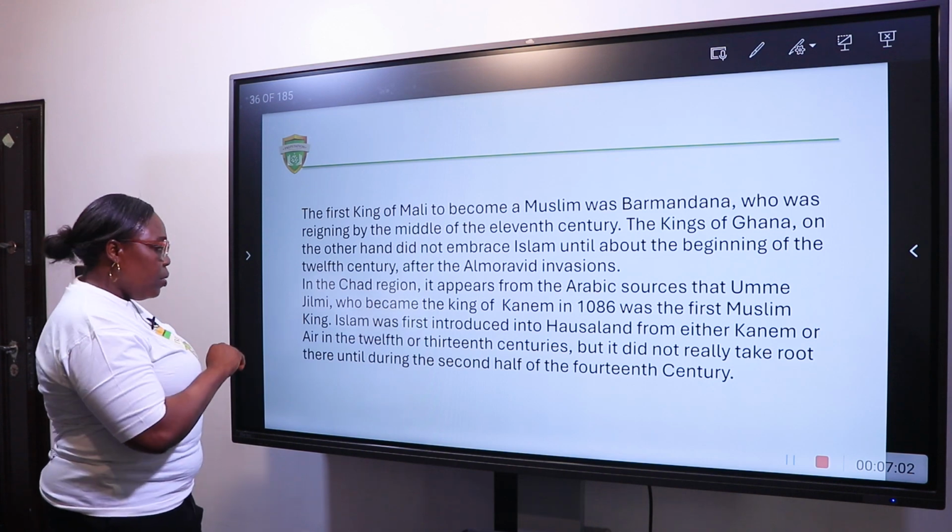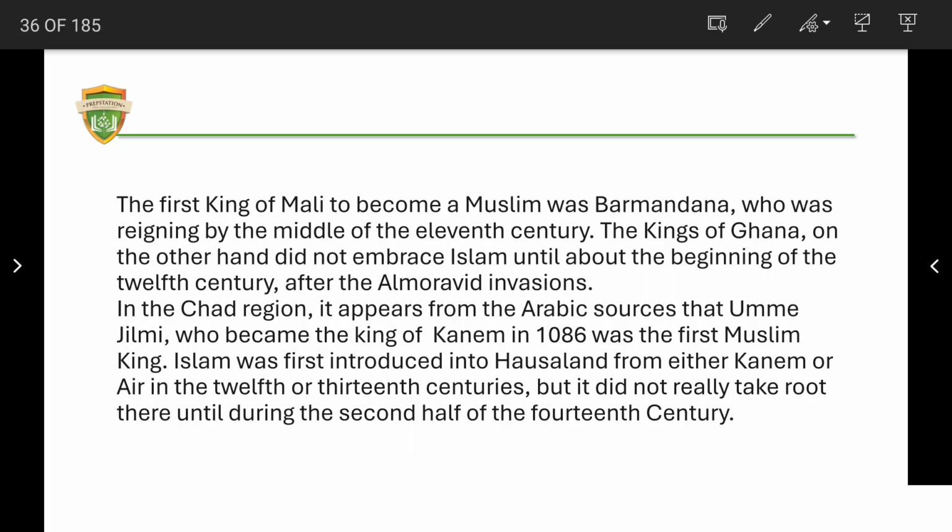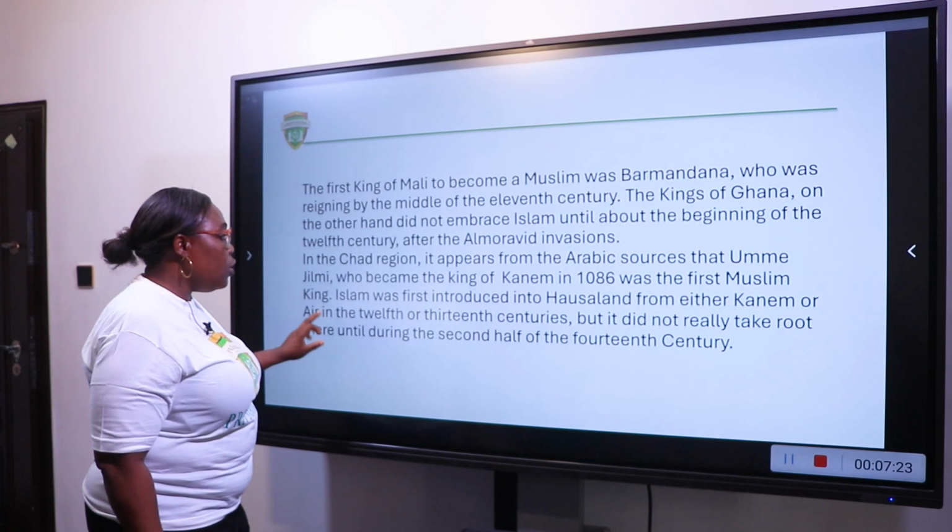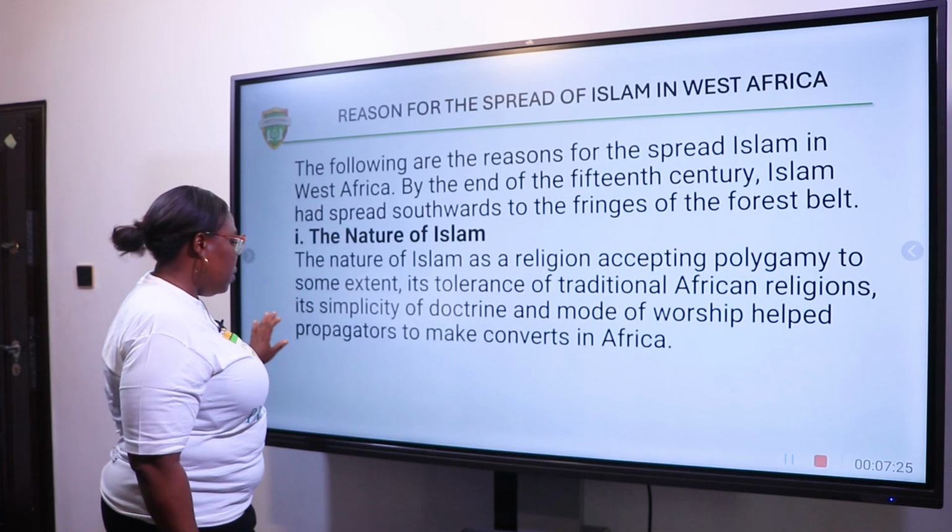Islam was first introduced into Hausa land from Kanem in the 12th or 13th centuries. So please, I need you to take note of this, and please read up as well.